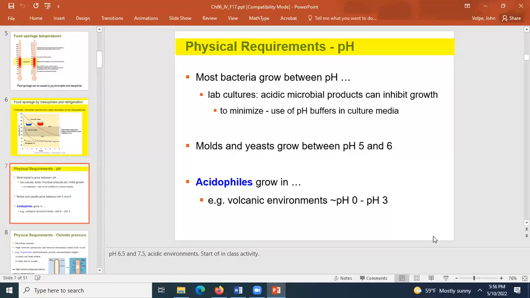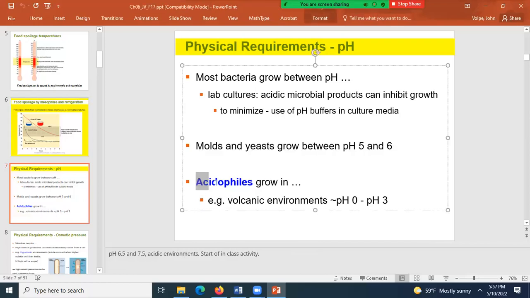Most yeasts and molds grow a little bit more acidic than most bacteria, and so they grow best around pH 5 to 6. But there are acidophiles, microbes that grow in very acidic environments. And that would be a pH between pH 0 to pH 3. And volcanic environments might be a place where we find acidophiles.